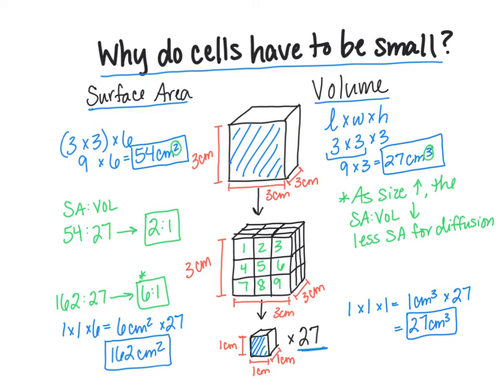And so the flip of that is that smaller objects, so smaller things like cells, have more surface area per unit volume, which allows for faster and more efficient diffusion.